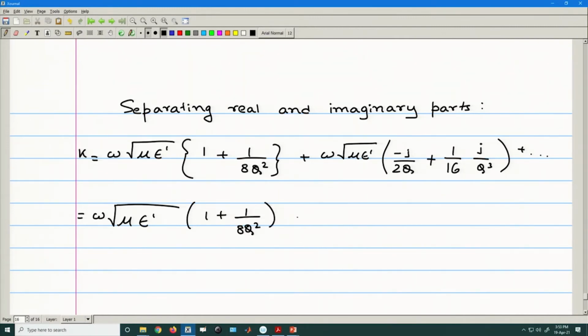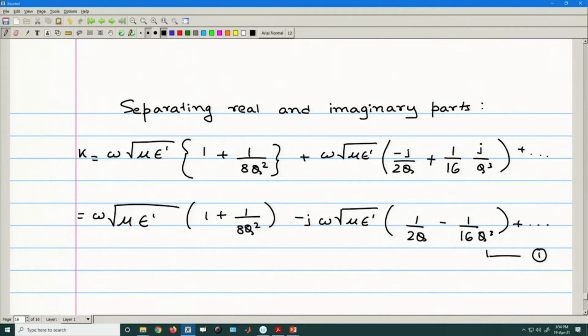So minus j we will take outside, so minus j omega mu epsilon prime, and within the brackets we will have 1 by 2Q minus 1 by 16Q cube. Fine. Now give this equation number as 1.